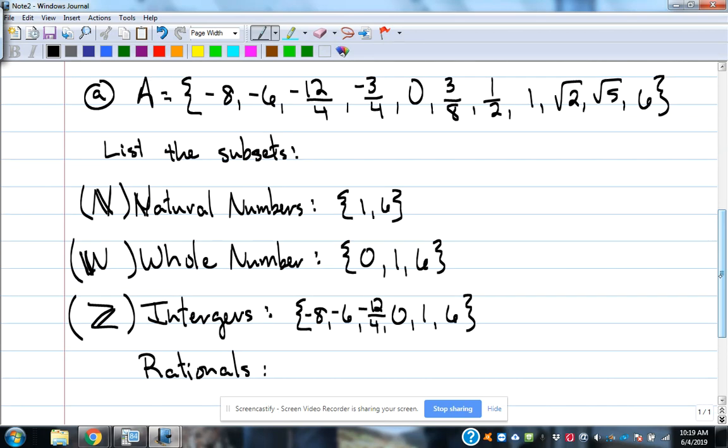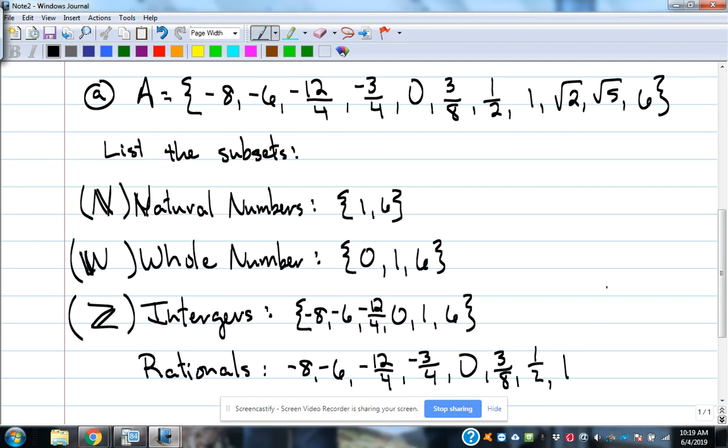So we've got negative 8, negative 6, negative 12 over 4 is obviously a fraction. Then negative 3/4 is a fraction. 0 could be written as a fraction. 3/8 is obviously a fraction. 1/2. 1 could be written as a fraction.